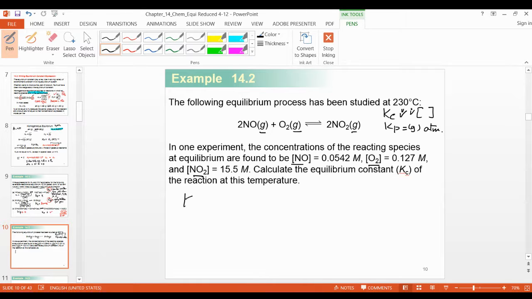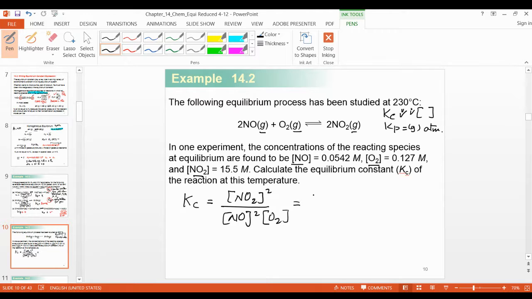So first you write down the Kc expression: concentration of NO2 raised to the power 2, divided by concentration of NO raised to the power 2, multiplied by oxygen raised to the power 1.